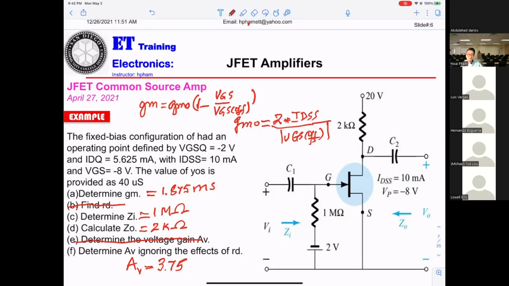If you go to university, you will get a course on the design of the bipolar transistor and JFET transistor, okay? Then they will teach you how to do it.